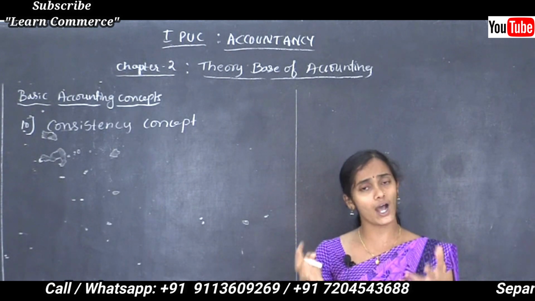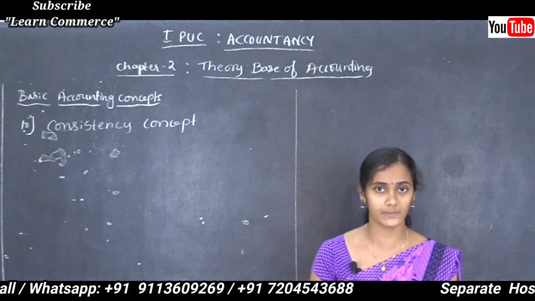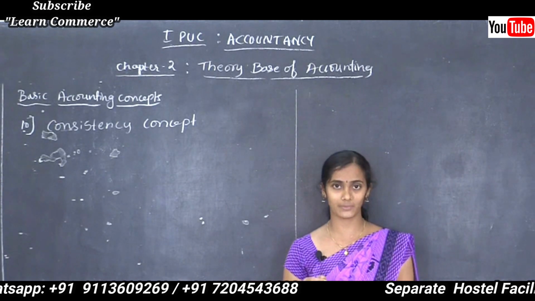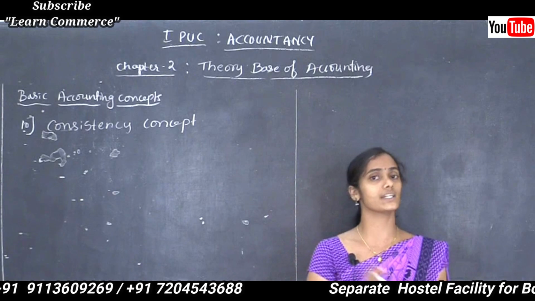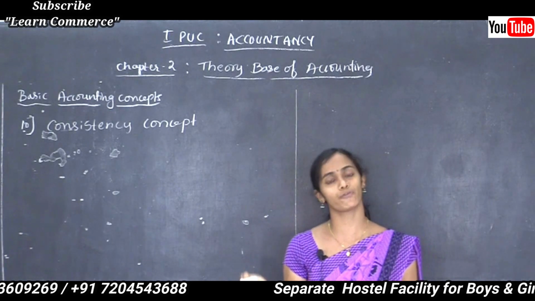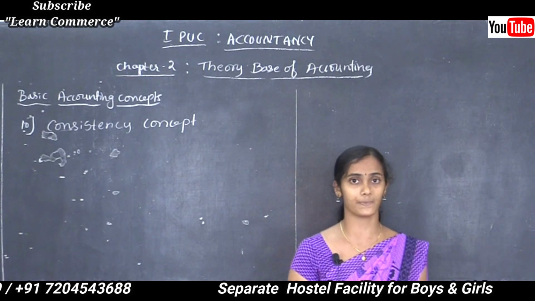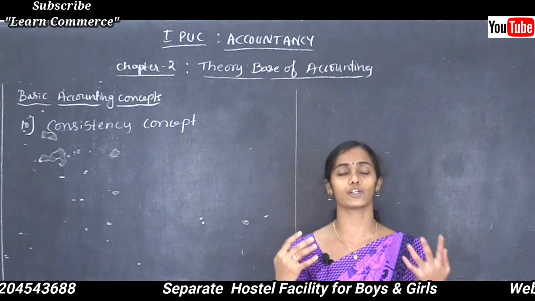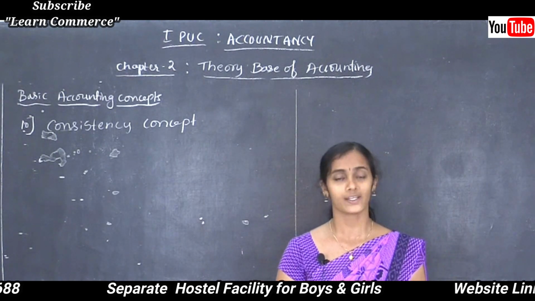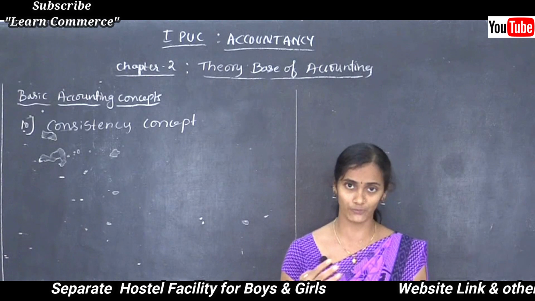But how can this comparability be possible? In order to bring uniformity and consistency, many professionals have developed a number of concepts, principles and rules, in order to maintain uniformity.